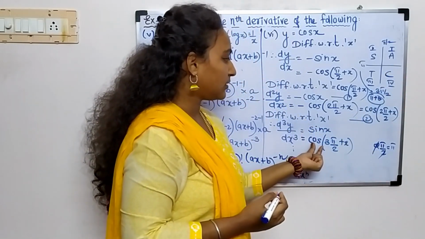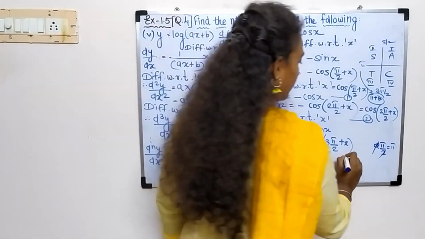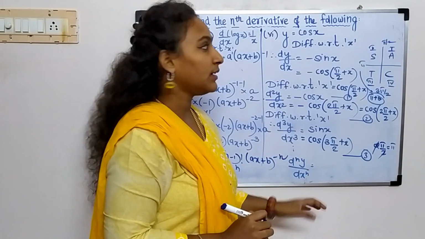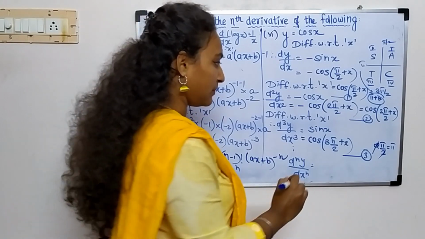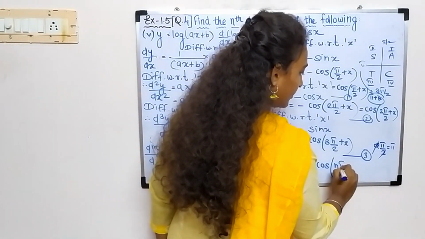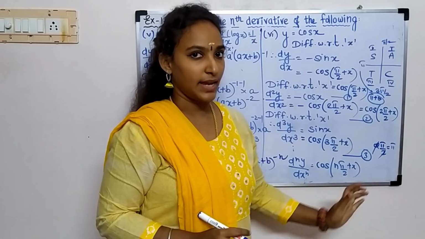So this is cos of 3 pi by 2 plus x. No need to change the sign. So this is equation number 3. Similarly following, d raised to n y upon dx raised to n will be cos of n pi by 2 plus x.